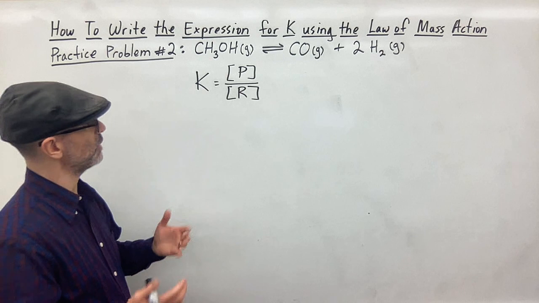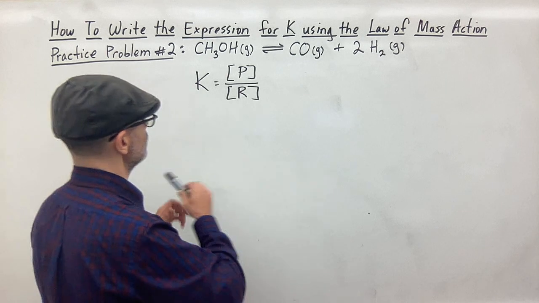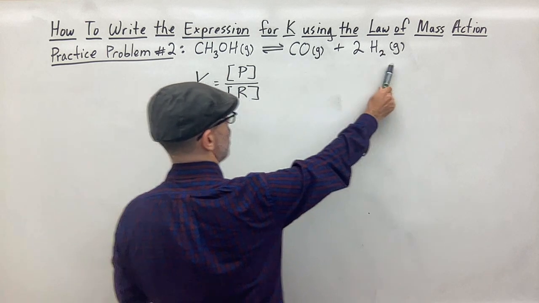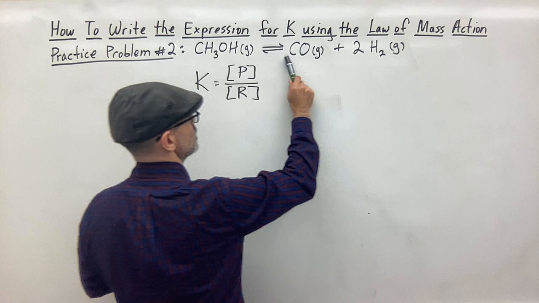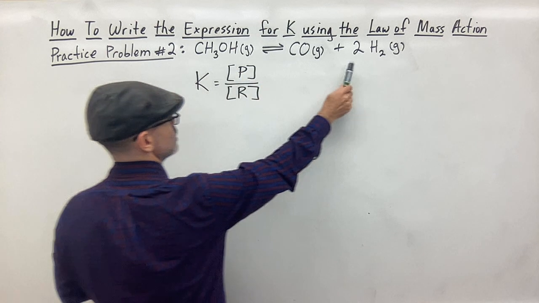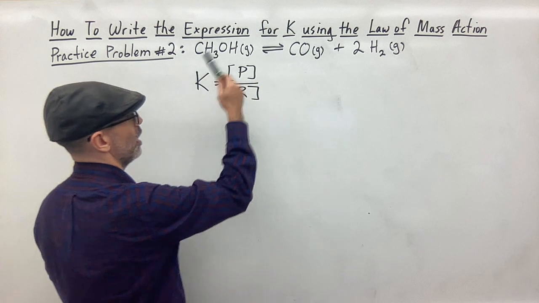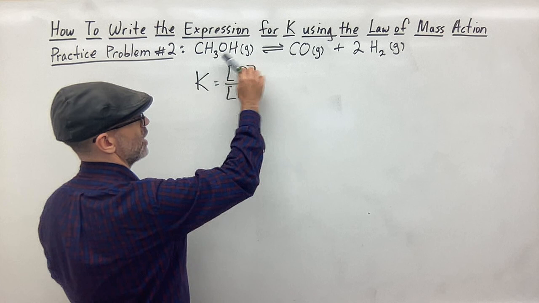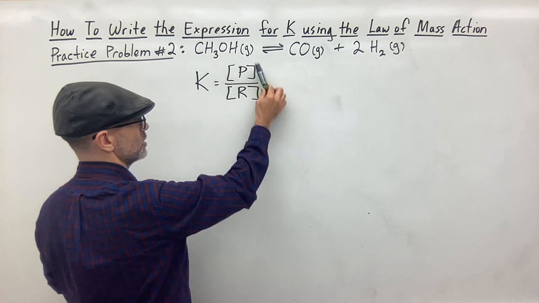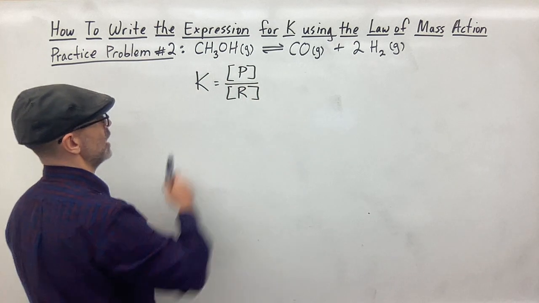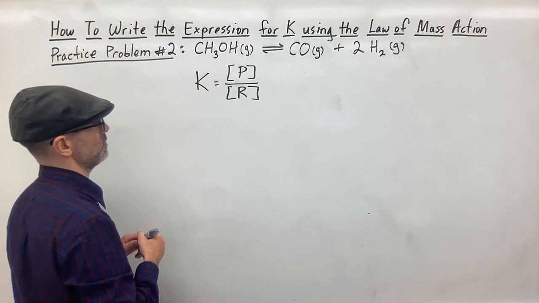So what does that mean? So we're going to take our products, and the coefficients of each of the products is then going to be a power of that product's concentration. Same thing goes with the reactant.